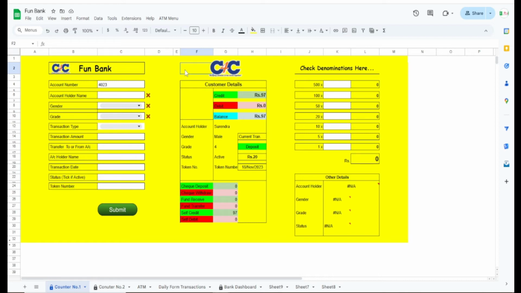Now coming to the fun bank, even this bank is the same. No outsider is going to work in the bank. It's only the student, only the child. When I did this activity, I chose 6 children to work in the bank. 2 will be at the help desk.